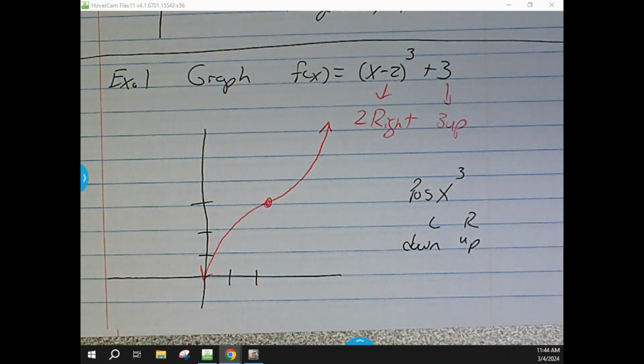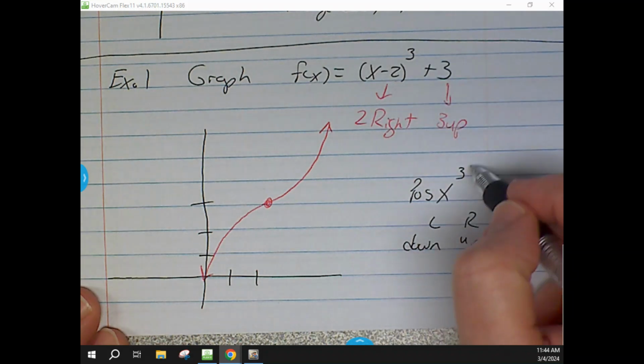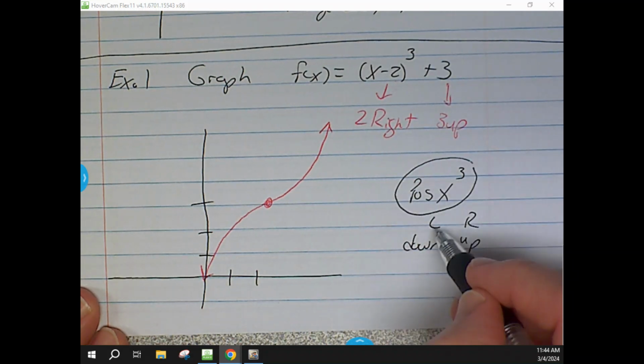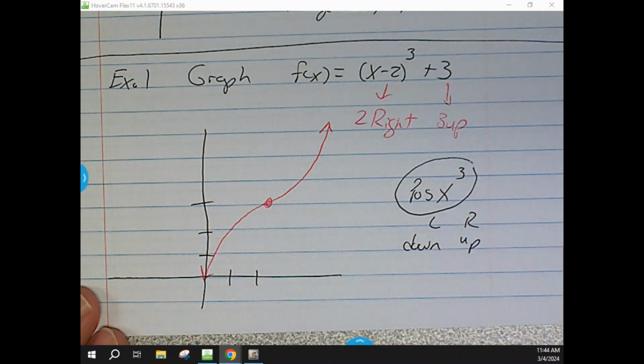Since it's a positive x to the third, your left side of the graph has to go down, like we've got here, and the right side has to go up.